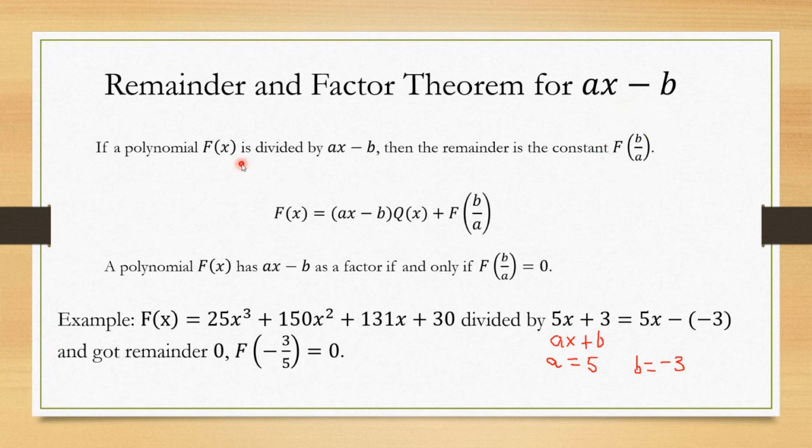So again, if you take a polynomial, capital F of x, if you divide it by a times x minus b, what you get is, excuse me, the remainder is going to be this thing. So you can get the remainder without actually dividing. Again, it's really just from the division algorithm.